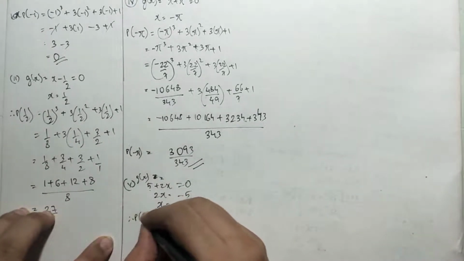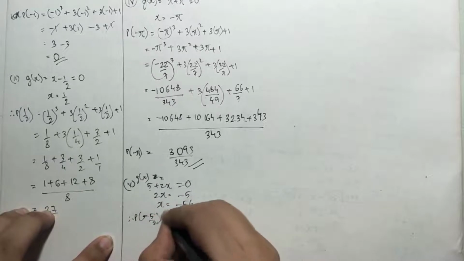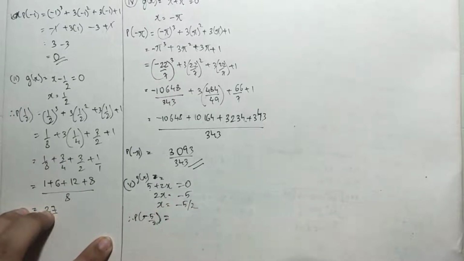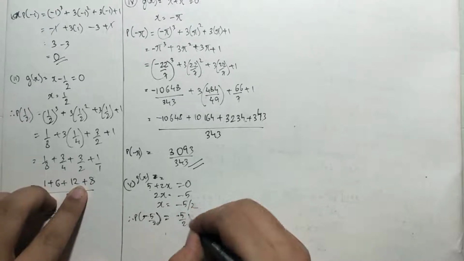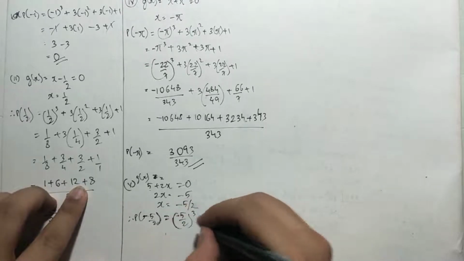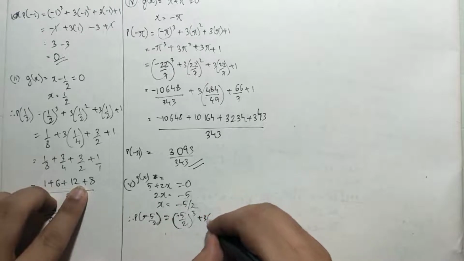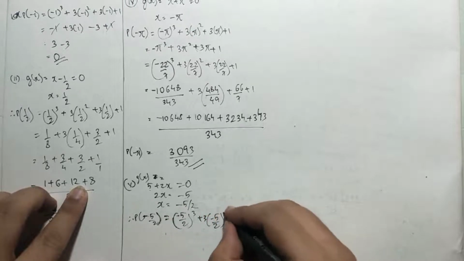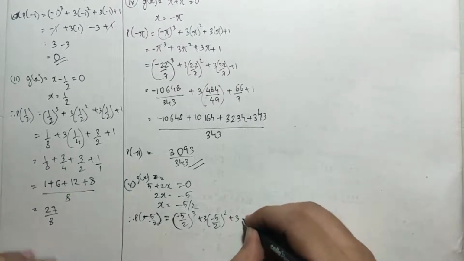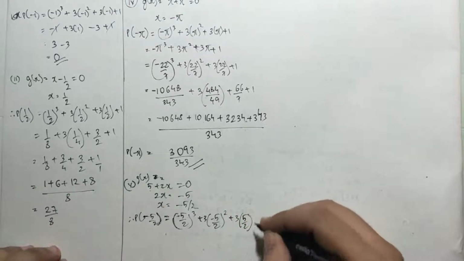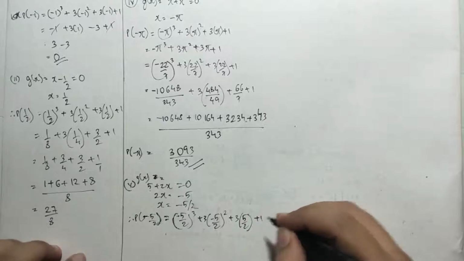Substituting in polynomial, so p of minus 5 by 2 will give us (minus 5 by 2) whole cube plus 3 into (minus 5 by 2) whole square plus 3 into 5 by 2 plus 1.